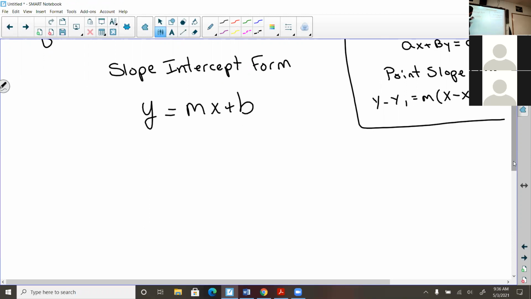Now with slope-intercept form, this m, we should now know it to be slope. This b value is the y-intercept, meaning wherever the graph crosses the y-axis, at whatever y value it is, that's what would go in place of b.